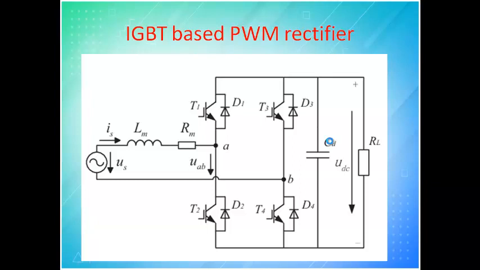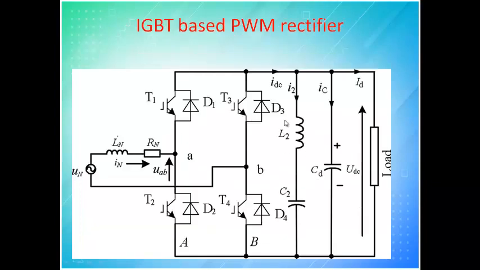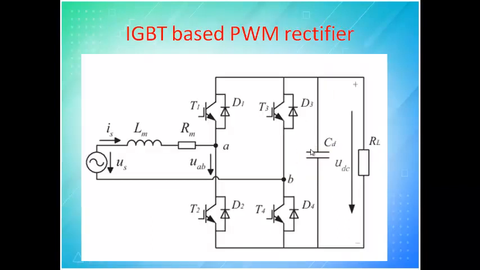Second is with additional filters, in order to reduce the effect of the capacitance. See, a capacitance has the property of high inrush current, which means it charges at a very fast rate and then discharges. When it charges at a very fast rate, it draws input current, and the input current will be in spikes.